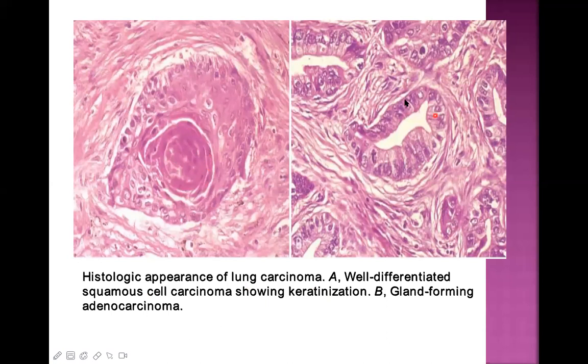And these are gland forming cells. Look at the lumen of the gland and the walls. This is the wall of the gland, which has relatively tall columnar cells. So these are called adenocarcinoma. This is squamous cell carcinoma, a keratin pearl. This is a gland-like structure, adenocarcinoma.